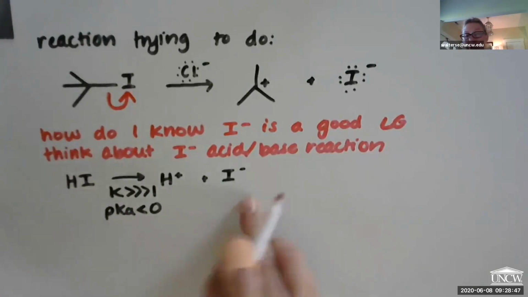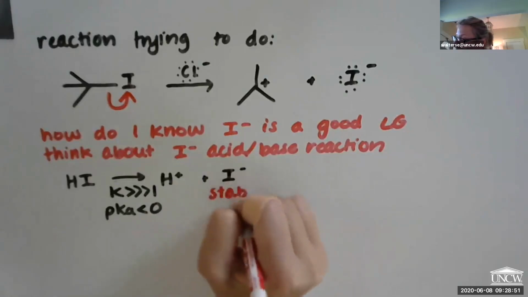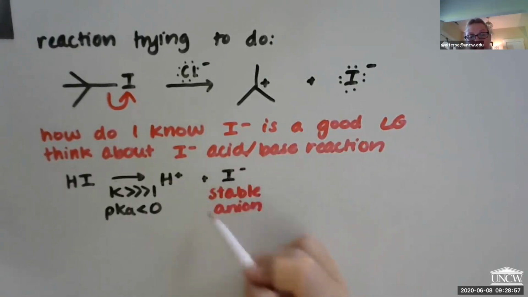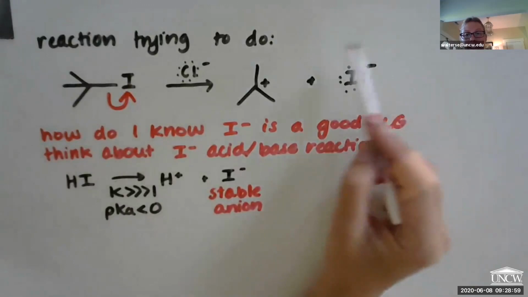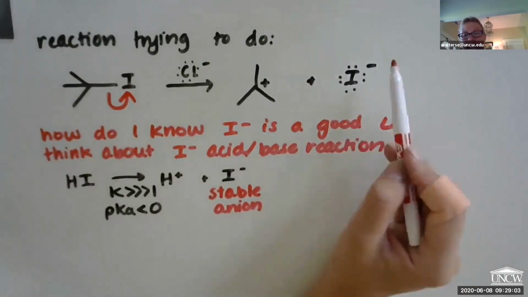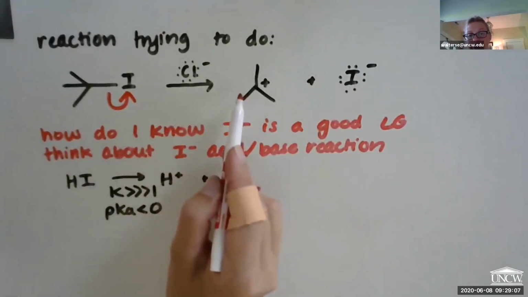If it's a forward-driven process, it means that the iodide is a stable anion. If it's stable in this condition, it's stable in this condition. If this is stable, then the forward reaction here is likely to occur.